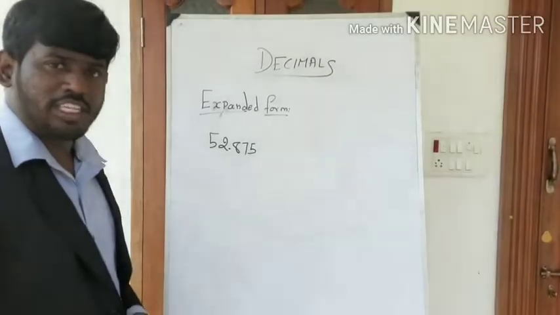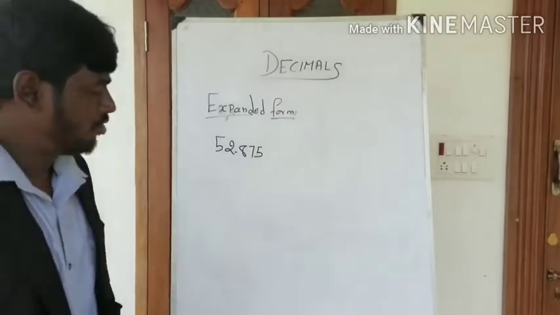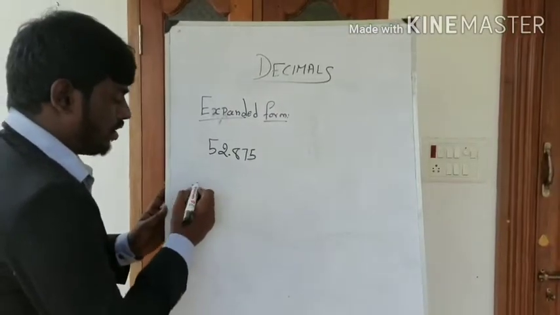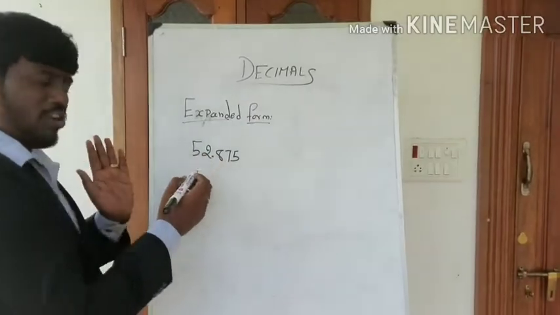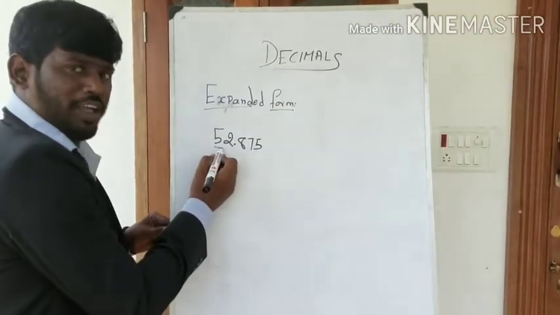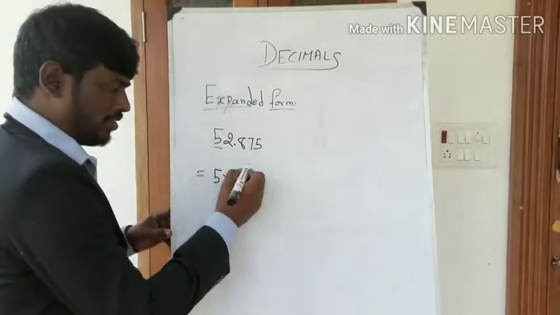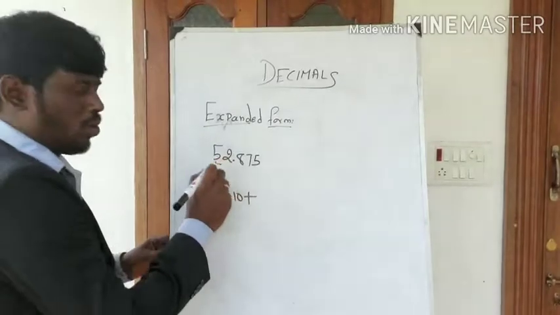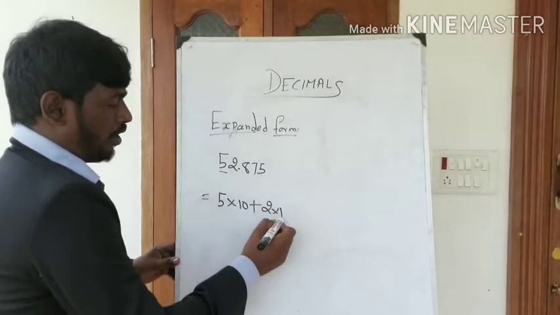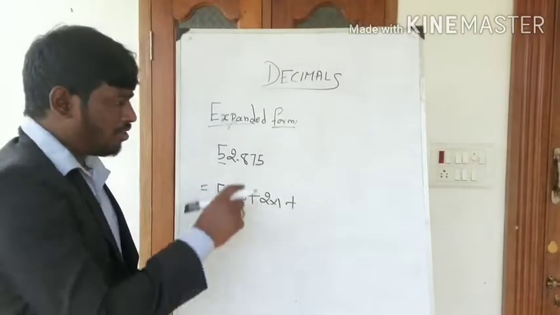I'm going to take the expanded form of decimals: 52.875. How will I expand it? First, we start from the left side. 5: what is the place value of 5? 10. So, 5 into 10, plus the place value of 2, which is ones: 2 into 1, plus 8. What's the place value for 8?